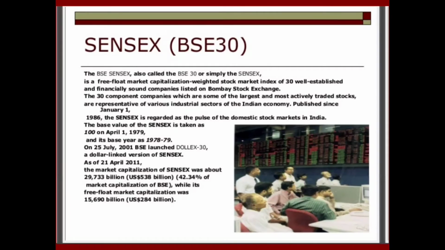Sensex. The BSE Sensex, also called the BSE 30 or simply the Sensex, is a free float market capitalization weighted stock market index of 30 well established and financially sound companies listed on Bombay Stock Exchange.